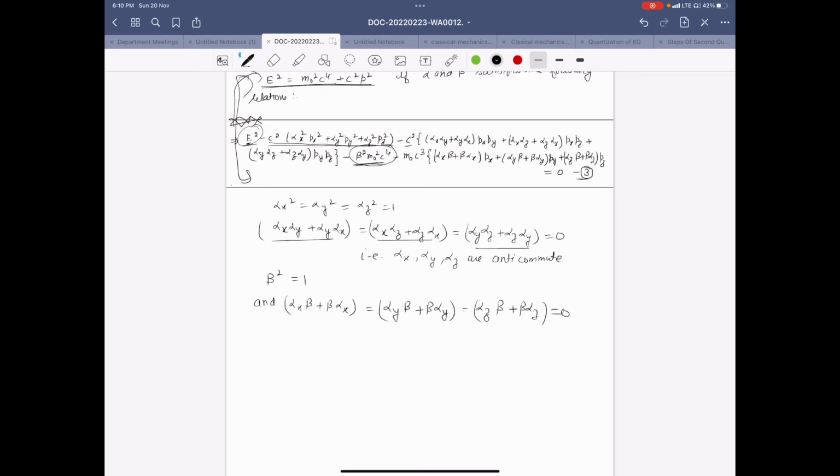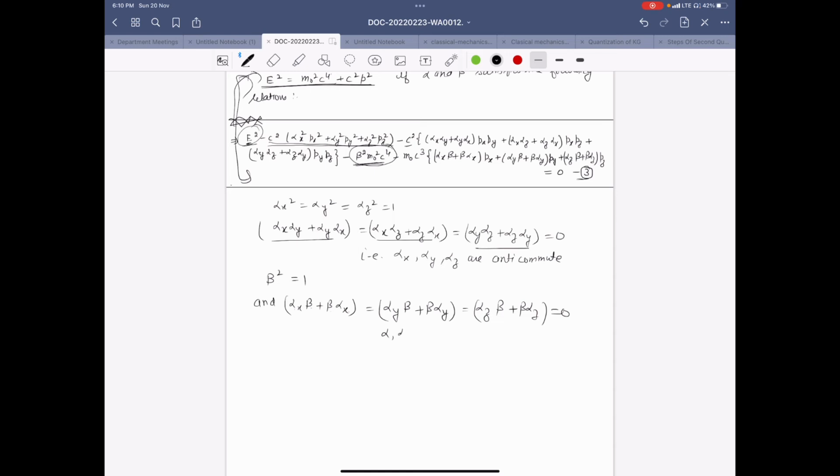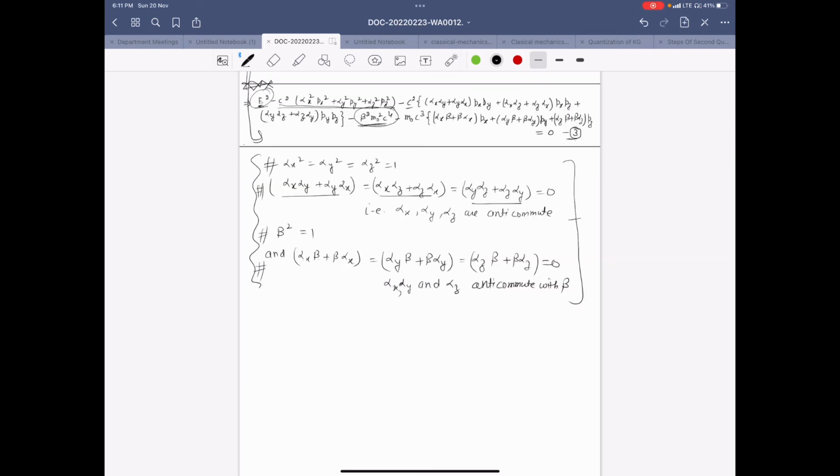These are the commutative relations, so they should be 0, meaning alpha x, alpha y and alpha z anti-commute with beta. After all these conditions are followed, our equation number 3 will become this, our equation number 4.